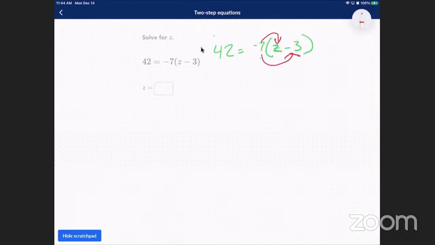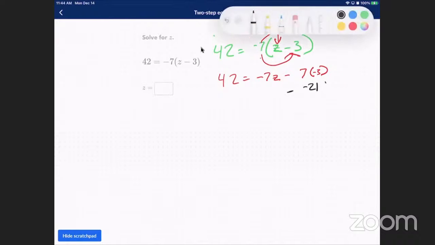So first we will do 7 times like that. I think that works. And then we will just put the 42 here. Then the next thing we would do is multiply this to get -21, and we could leave that right there.